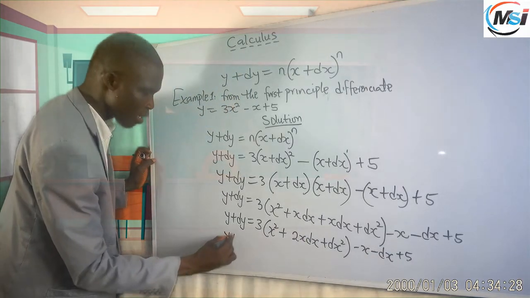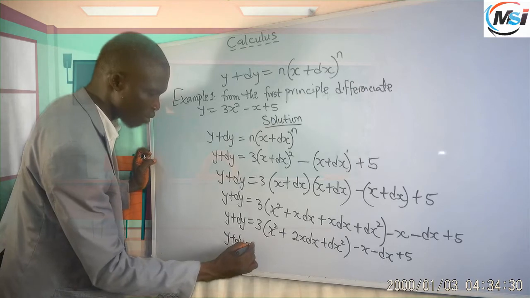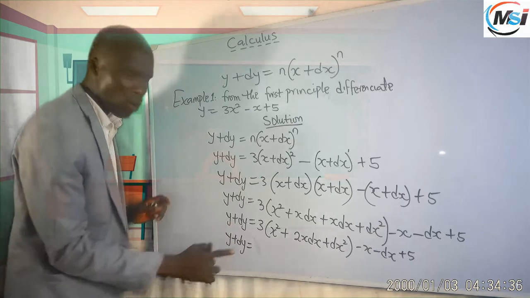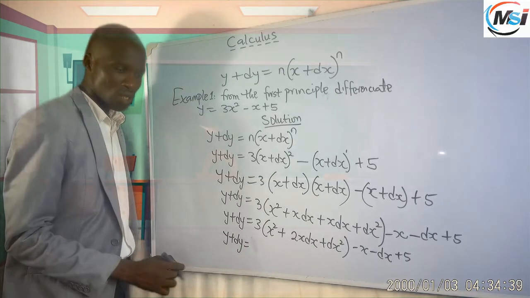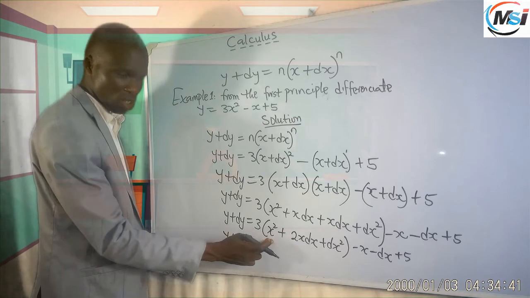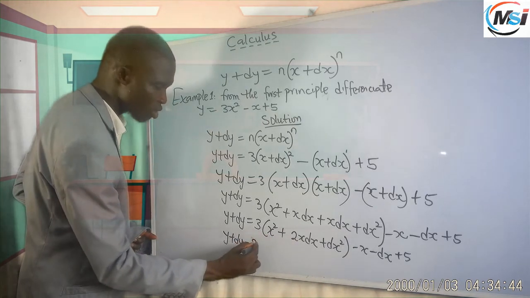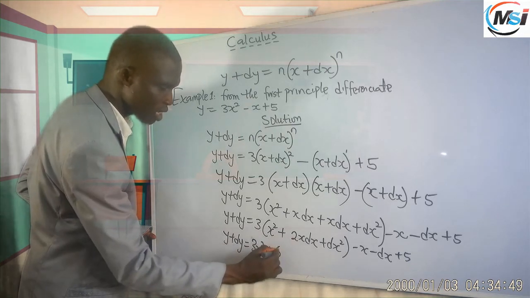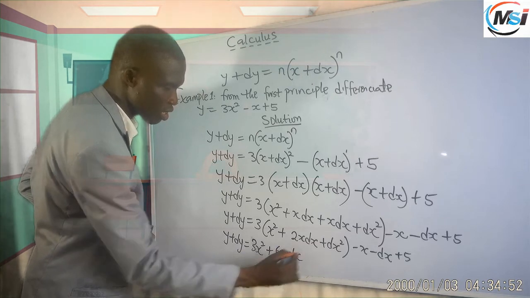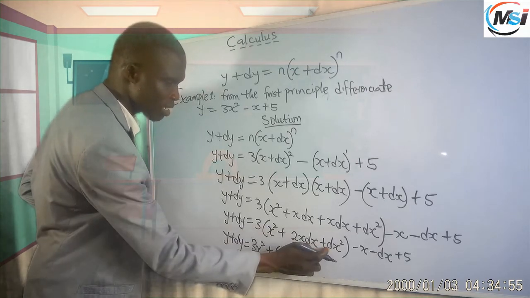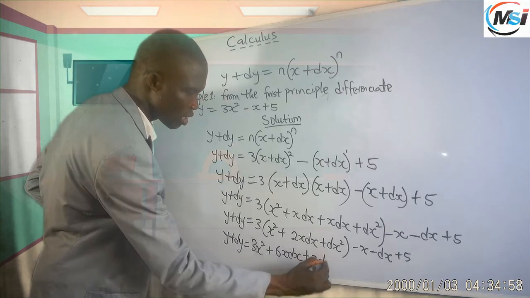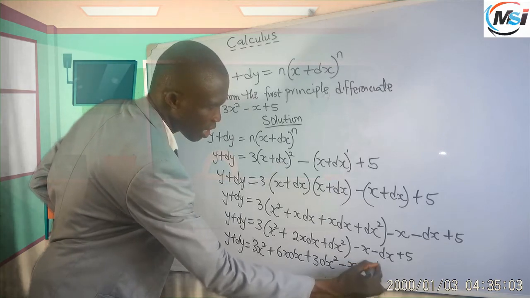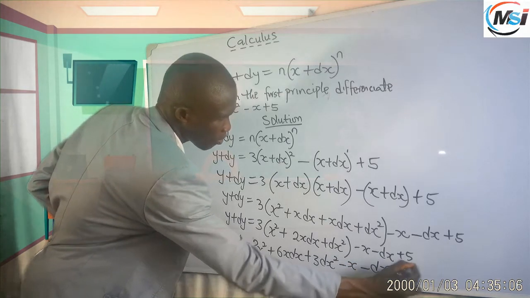So y plus dy will give us 3. Okay, let's open the brackets now. Something you need to be very careful. This 3 we multiply x squared. You have 3x squared plus 3 multiplied by 2x dx, we have 6x dx. 3 multiplied by dx squared, we have 3 dx squared, minus x minus dx plus 5.